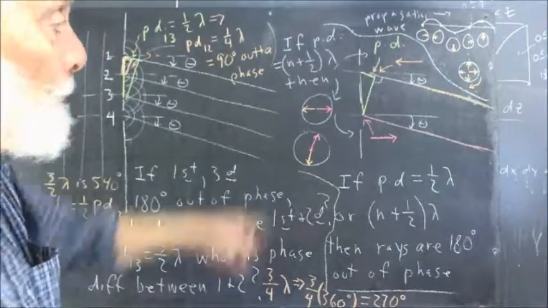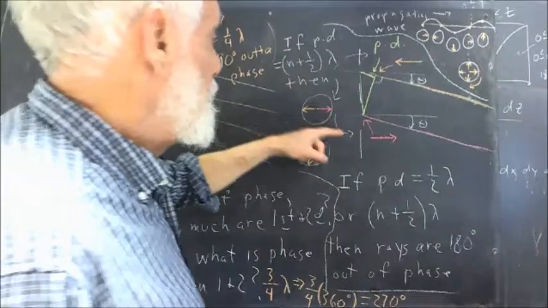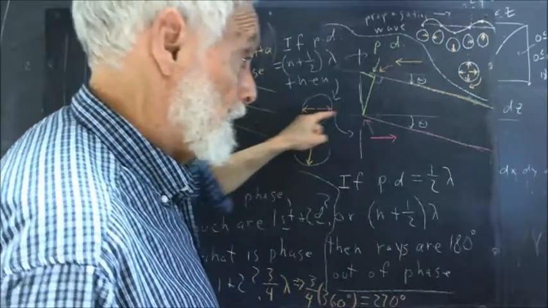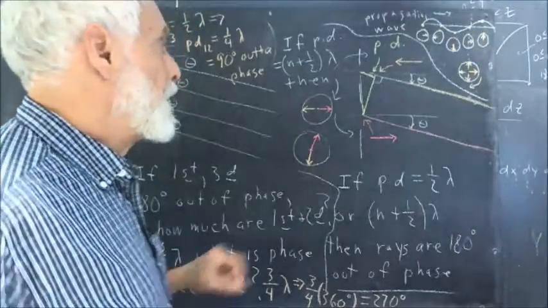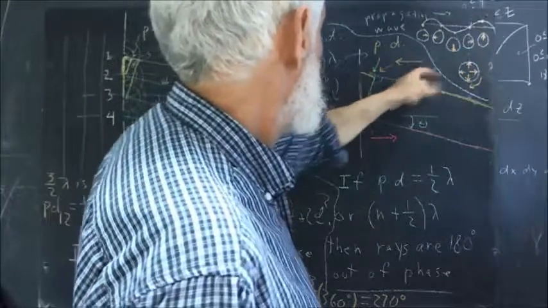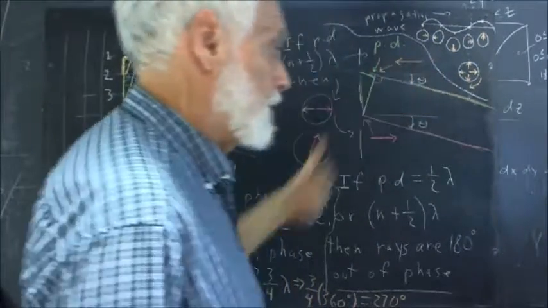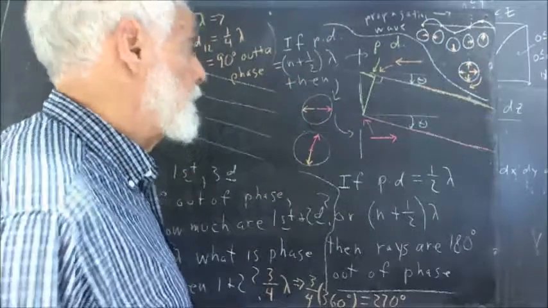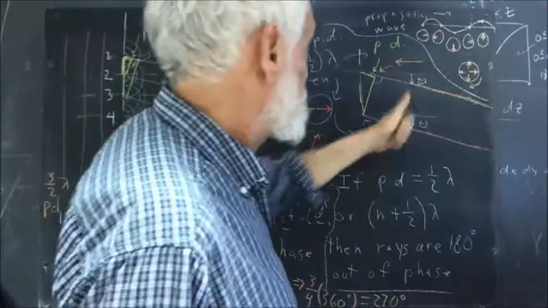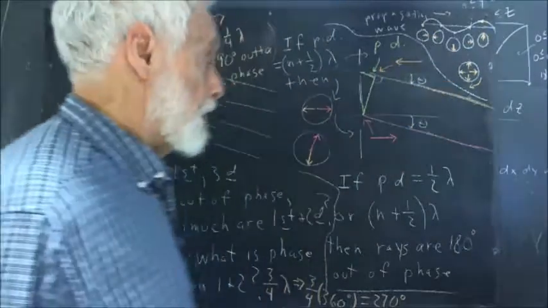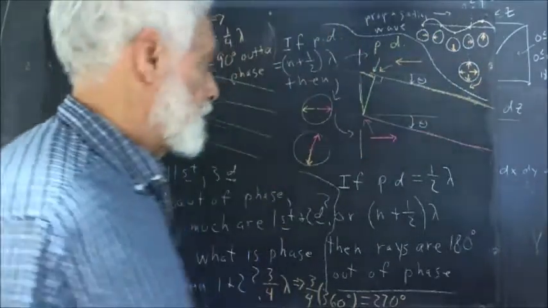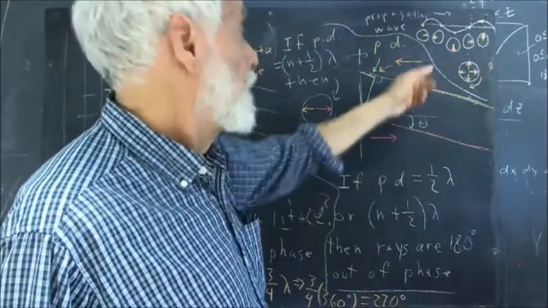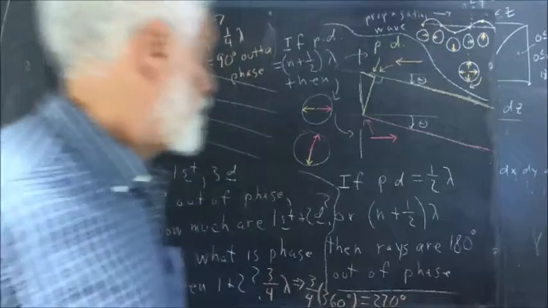So when you draw the phase diagram, if this one is at this phase, and that would be like this on the unit circle, then this one is at this phase here, represented by the orange arrow, which would be 180 degrees out of phase. Now, we draw the arrows this way and this way. We draw them horizontal in this case. Put one of them at 0 phase, the other's going to have to be at 180 phase.